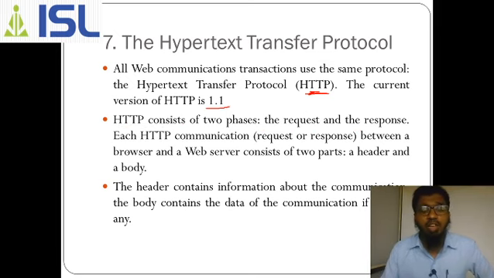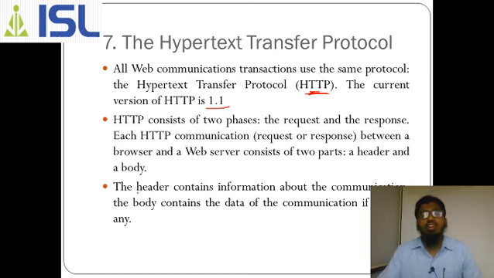Each HTTP communication, request or response between a browser and a web server, consists of two parts, a header and a body. These are the two important parts. The header contains information about the communication, and the body contains the data of communication if there is any.